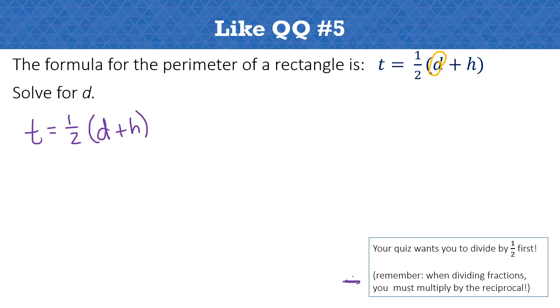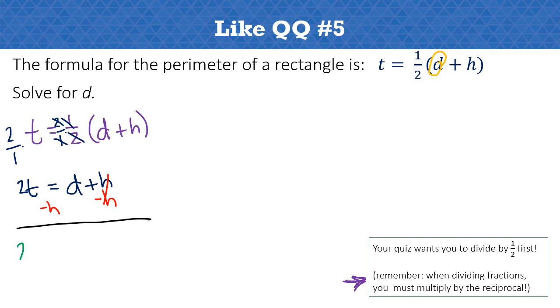Remember, when dividing by a fraction, we multiply by the reciprocal. The reciprocal of 1/2 is 2 over 1. You just flip the fraction. So that leaves us with 2 times T over 1, which we don't need to write the over 1, is equal to D plus H. Now to get the D by itself, subtract H from both sides of that equal sign.